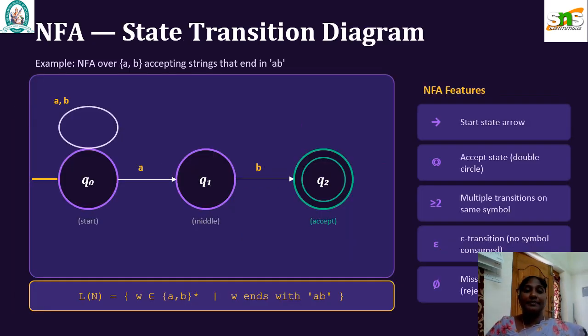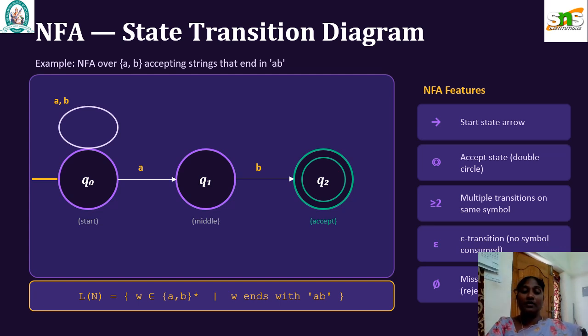The notations to represent an NFA are the transition diagram or the transition table. A transition diagram is a directed graph which has nodes and edges. Nodes represent the states and edges represent the transitions, labeled with an input symbol.